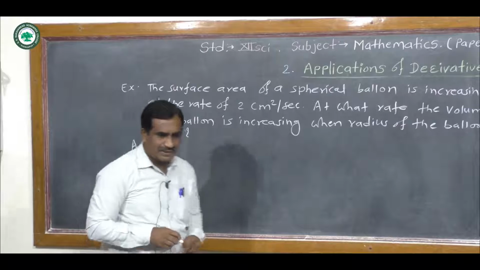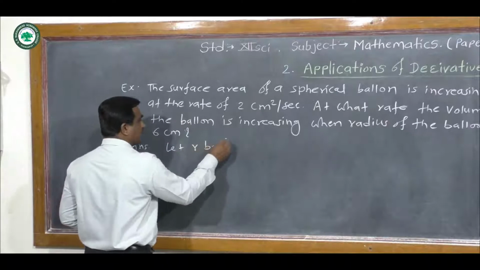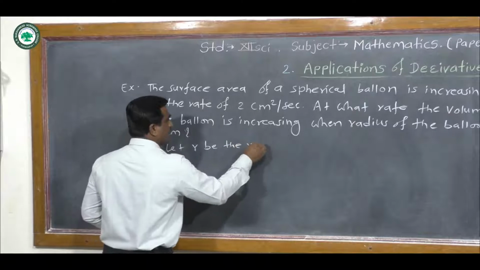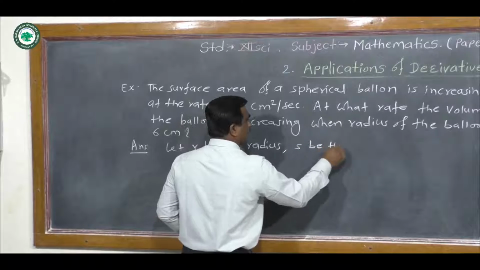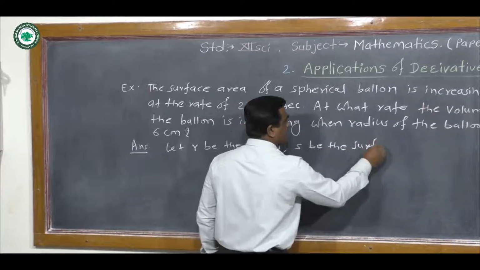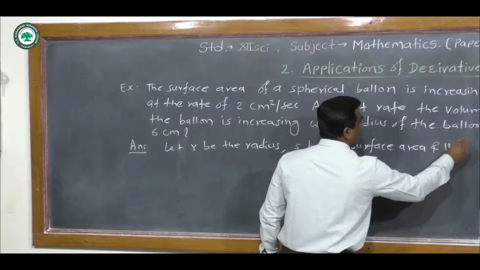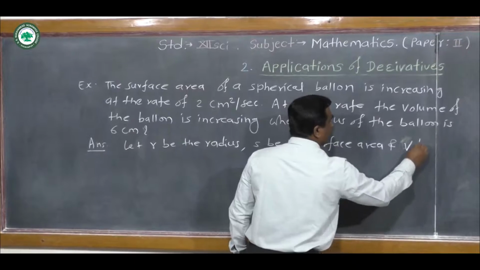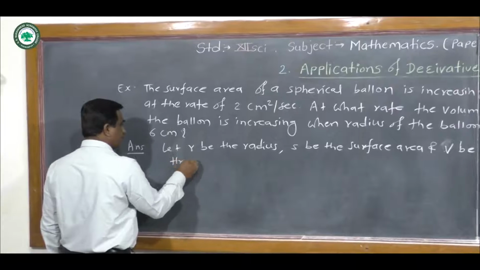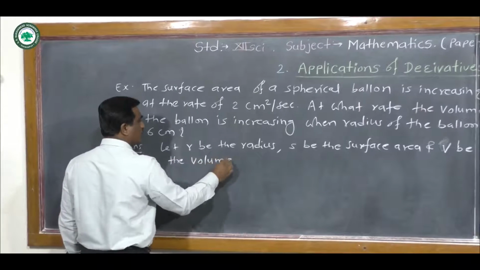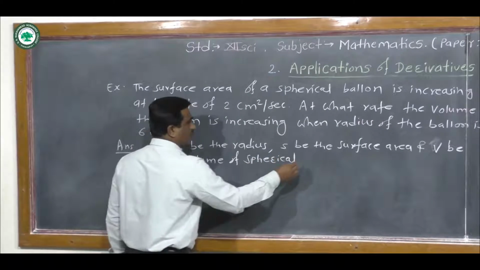Now let r be the radius, s be the surface area, and v be the volume of the spherical balloon.